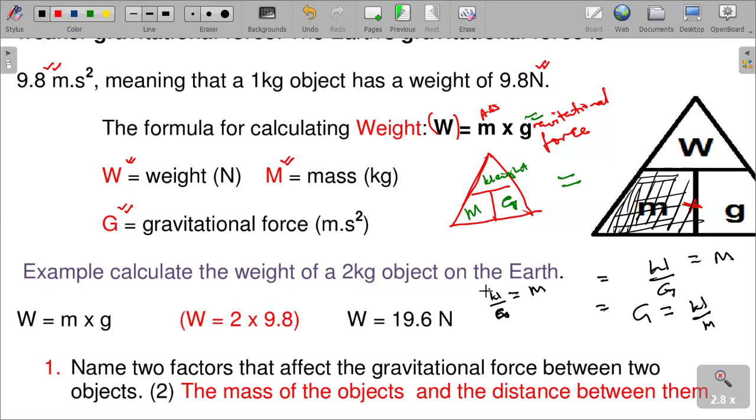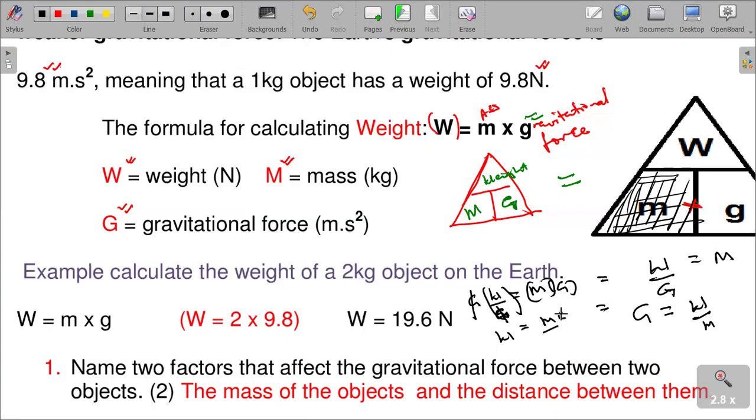Then the G's cancel each other, and we have W is equal to mg.